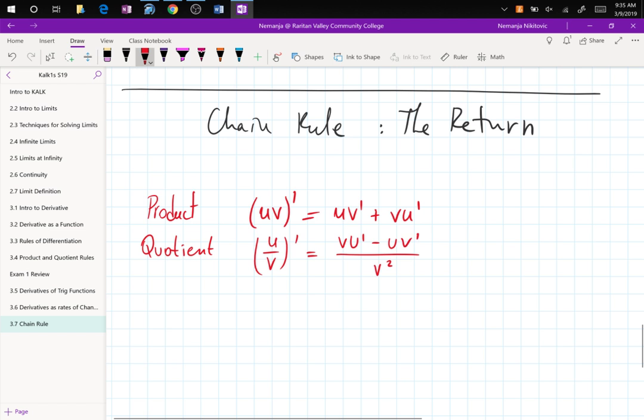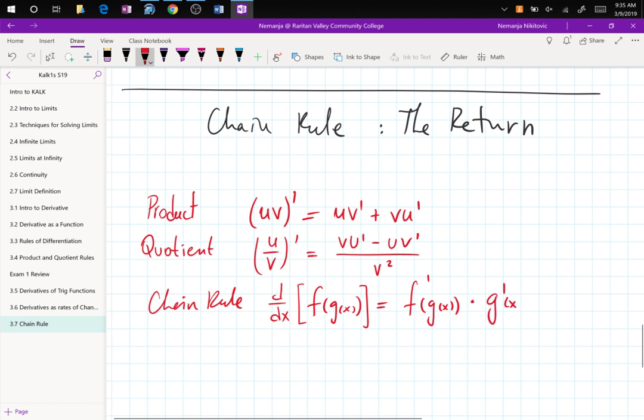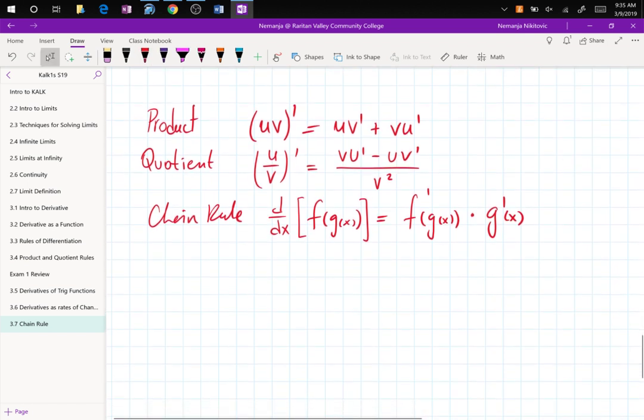And finally, we had the chain rule, and we said that the derivative of f of g of x was f prime of g of x times g prime of x. So these are the three formulas that were covered last class, and now we're going to have problems that mix these formulas in the same problem.